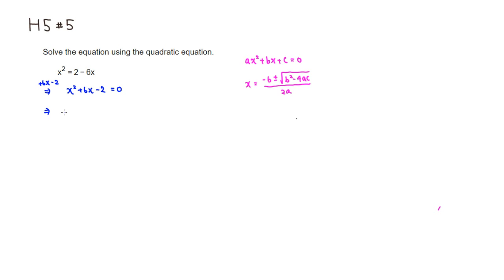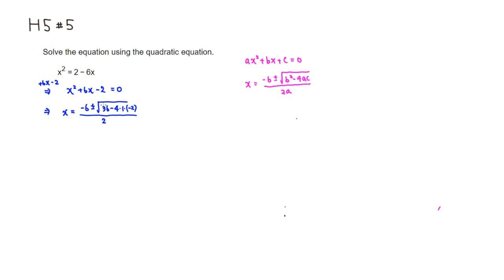So x equals -b, so it's going to be -6 plus or minus the square root of b squared, so 6 squared would be 36, minus 4 times a, which is 1, times c, which is -2, and over 2a, so it's going to be 2.